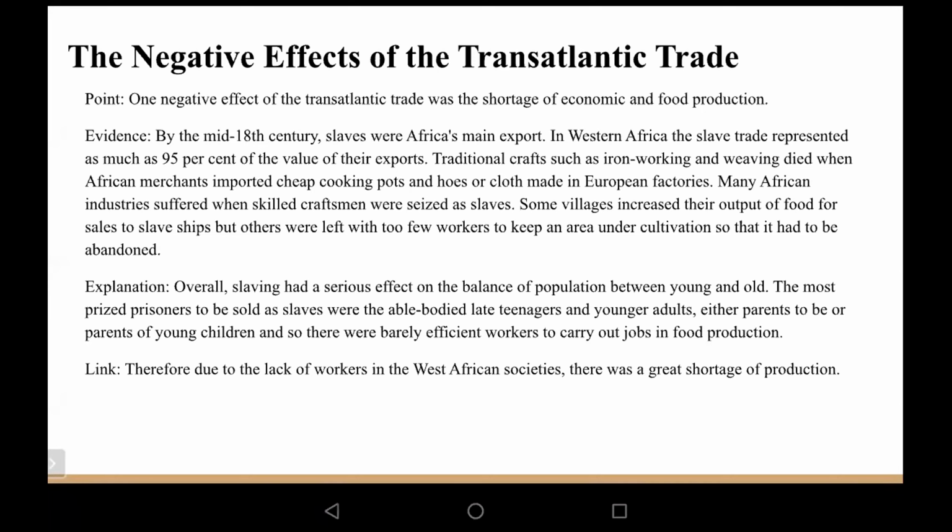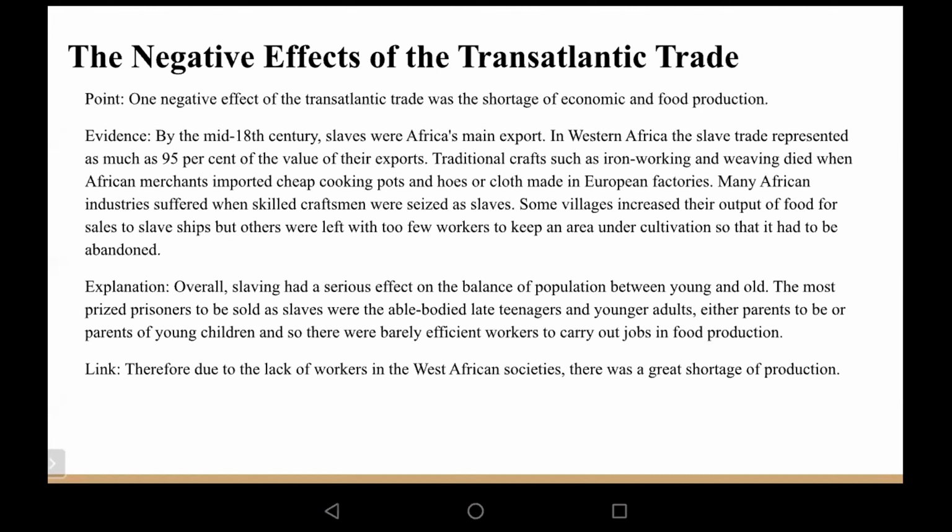Many African industries suffered when skilled craftsmen were seized as slaves. Some villages increased their output of food for sales. The slave ships of others were left with too few workers to keep an area under cultivation, so that it had to be abandoned.